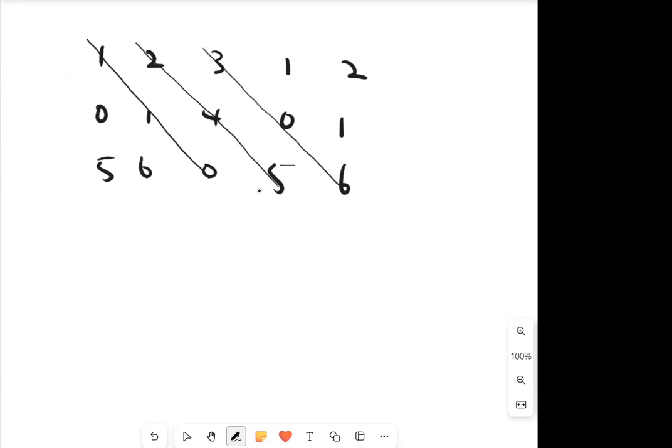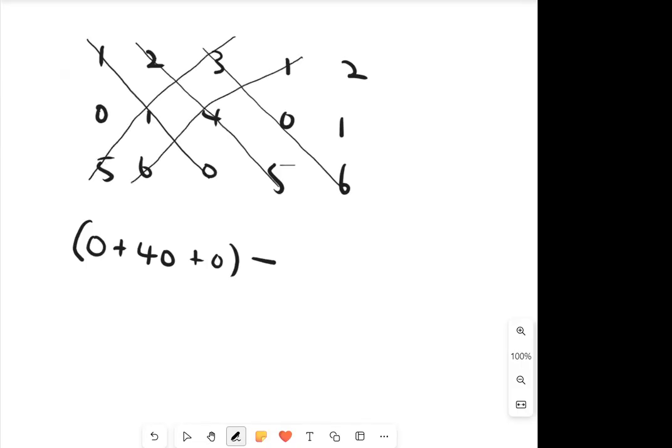So what will it be? 1 by 1 by 0, all of this is 0, plus 2 by 4 is 8, 8 by 5 is 40, plus 3 by 0 by 0 is 0. So this minus, and you take away these now: this by this by this, this by this by this, and that by that by that.